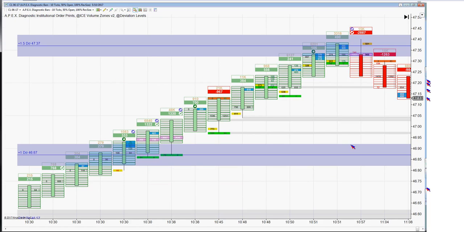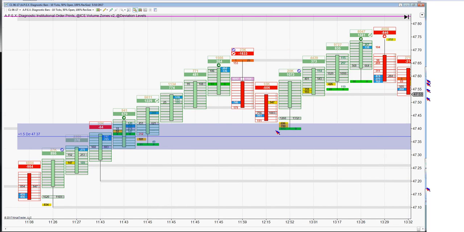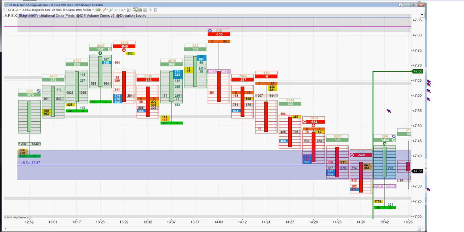And again, when you get the cluster at a level, I want you to remember this because somebody's going to misquote me, okay? A cluster with the bar closing in the opposite direction of the trend. This is a down close cluster. Over here, the one I talked about earlier, an up close cluster after a downtrend.